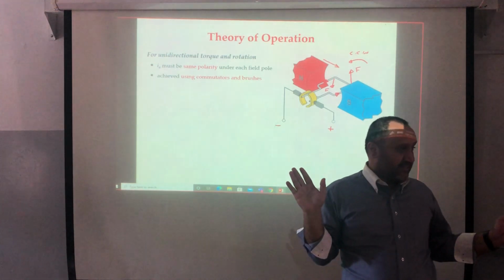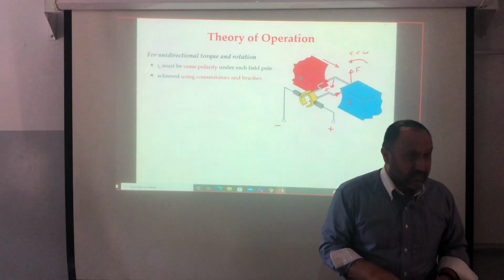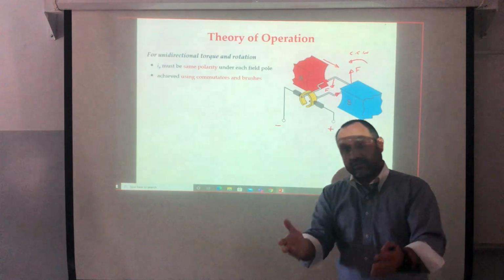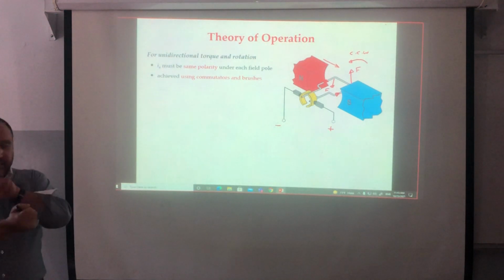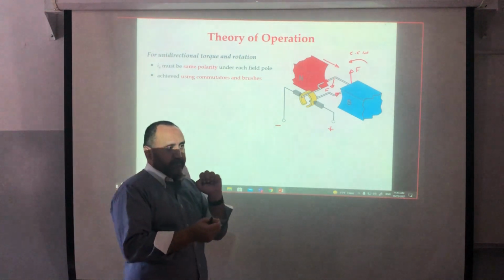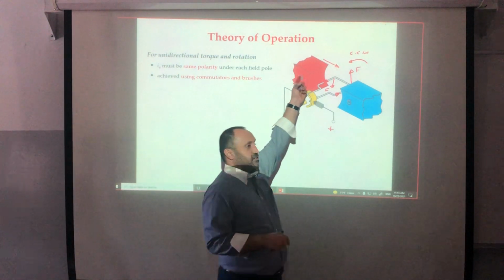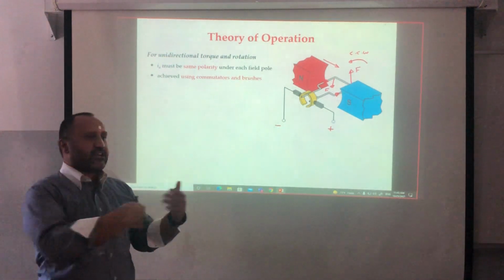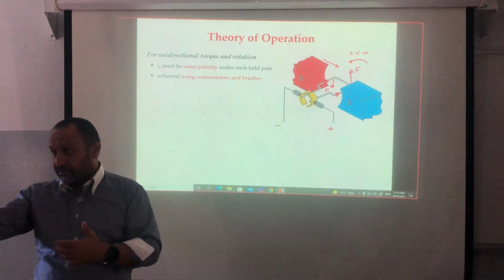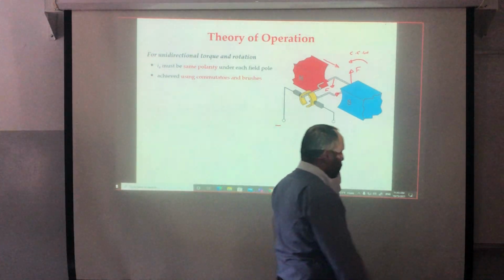Nothing will happen. Understood? In the series connected machine, if I change the polarity of the terminal, the flux is changing and the direction of the current will change at the same time. So I'm maintaining the same direction of rotation, correct? Good.